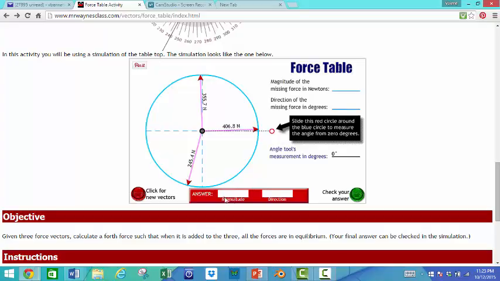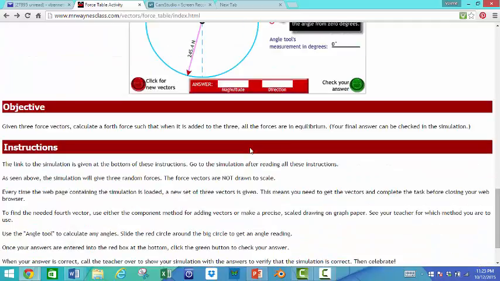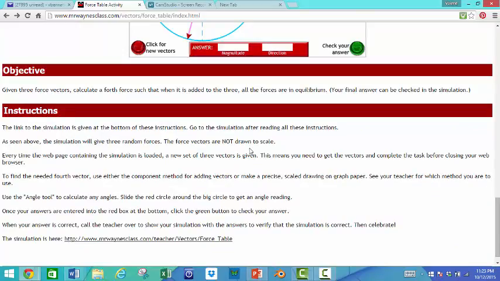But actually type in your answer at the bottom in this kind of red box with the magnitude and the direction. And that direction will be measured from the 0 all the way around. Normally we just have the acute angle in there, but they are looking for the angle as measured from 0. Okay? All right. Moving on a little bit further.